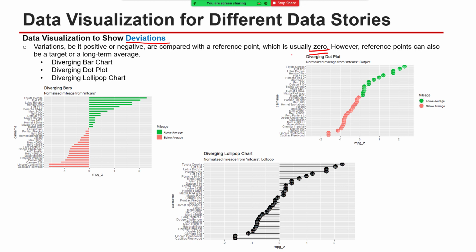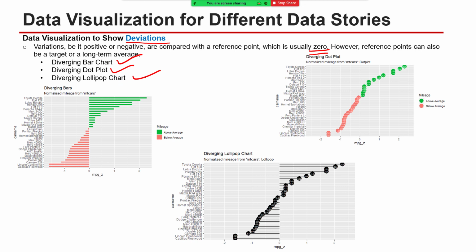That means some of the data points are going to be above the 0 point, which is a reference point, and some of the data points are below the 0 point. For that we can plot either a type of bar chart known as a diverging bar chart, or we can use a diverging dot plot, or we can use a lollipop chart, that is a diverging lollipop chart.